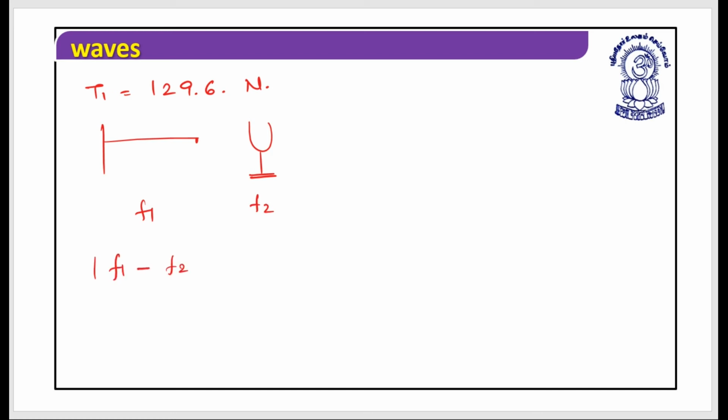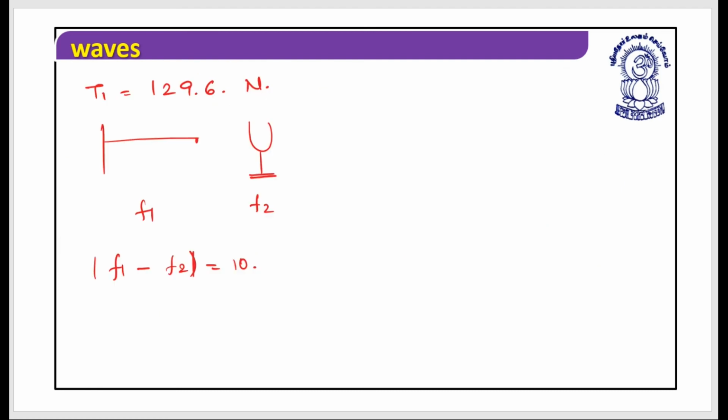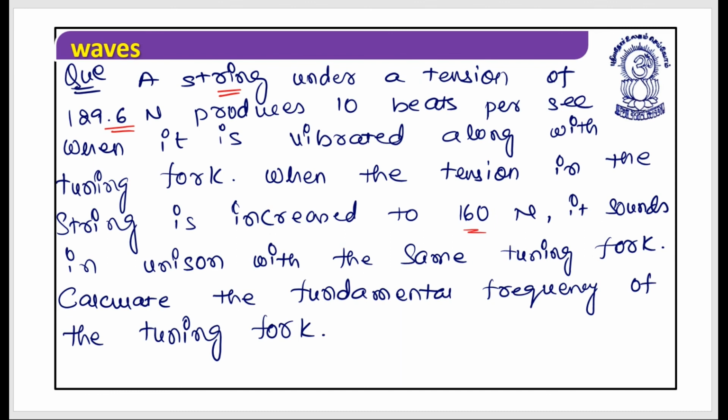This F1 minus F2 will give me the 10 beats per second. It could be plus or minus 10. Great. Next, when the tension in the string is increased to 160 Newton, so the next tension T2 is 160 Newton. As this has been increased, it sounds in unison, that means with the same frequency as the tuning fork. So they said to calculate the fundamental frequency of the tuning fork.